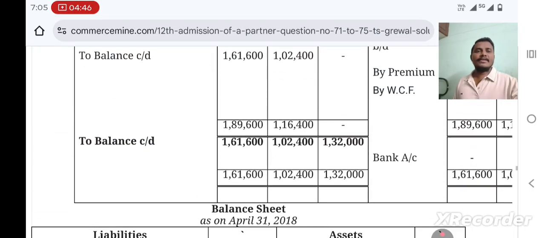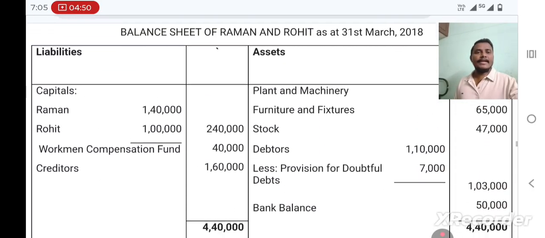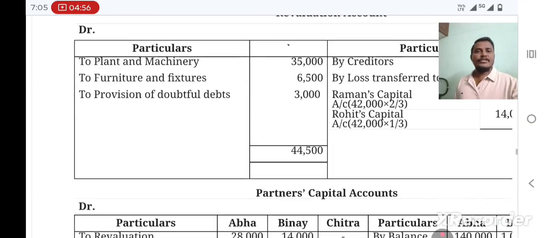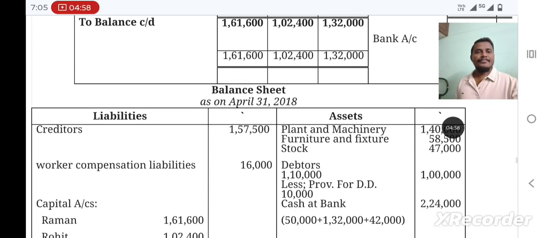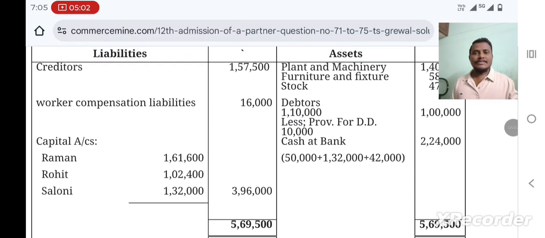Then cash at bank. While taking the cash at bank amount, you should not take directly this bank balance alone. So 50,000 plus the proportionate capital plus goodwill premium, because the new partner is bringing proportionate capital to the firm and also the goodwill premium of 42,000 to the firm.